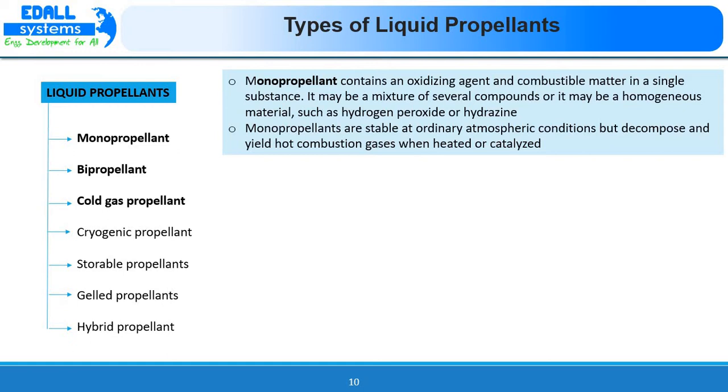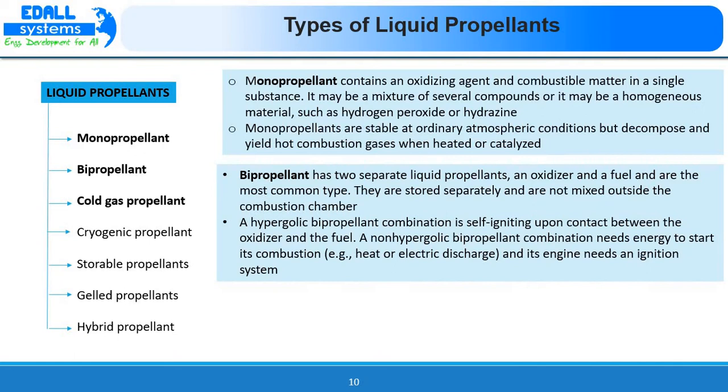So carrying a monopropellant is very advantageous because you don't need two different tanks. You can store this propellant in large quantity in one single tank, and you don't need a separate ignition system. You just have to catalyze it or heat it so that it starts combustion.